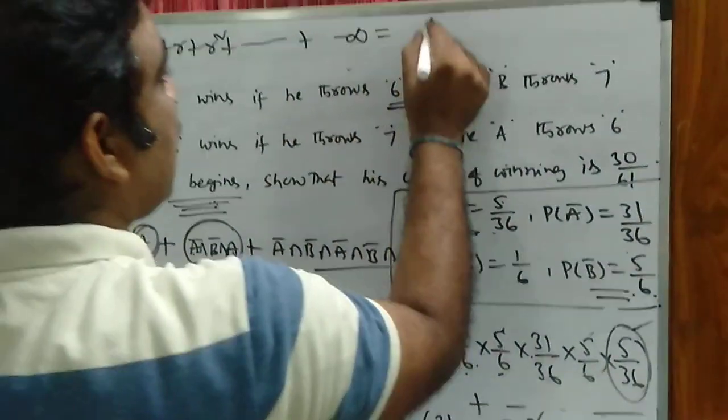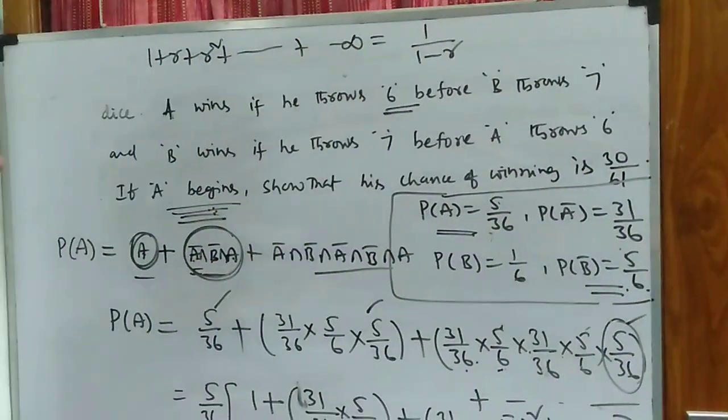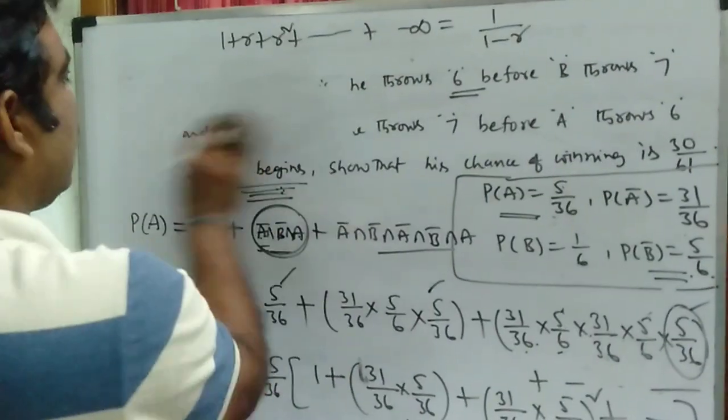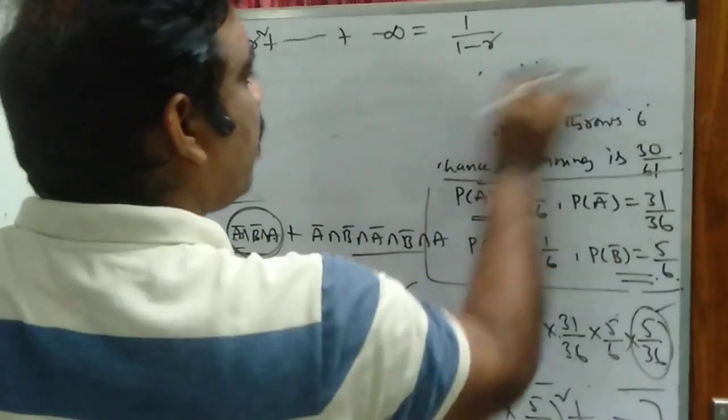The sum of infinite terms is a by 1 minus r, where a is the initial term and r is the common ratio.